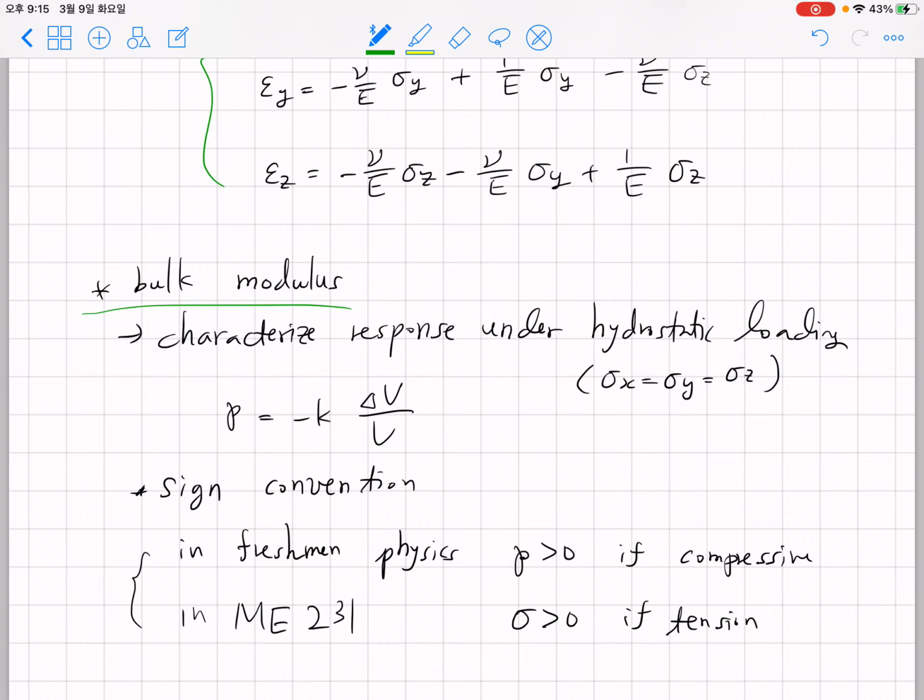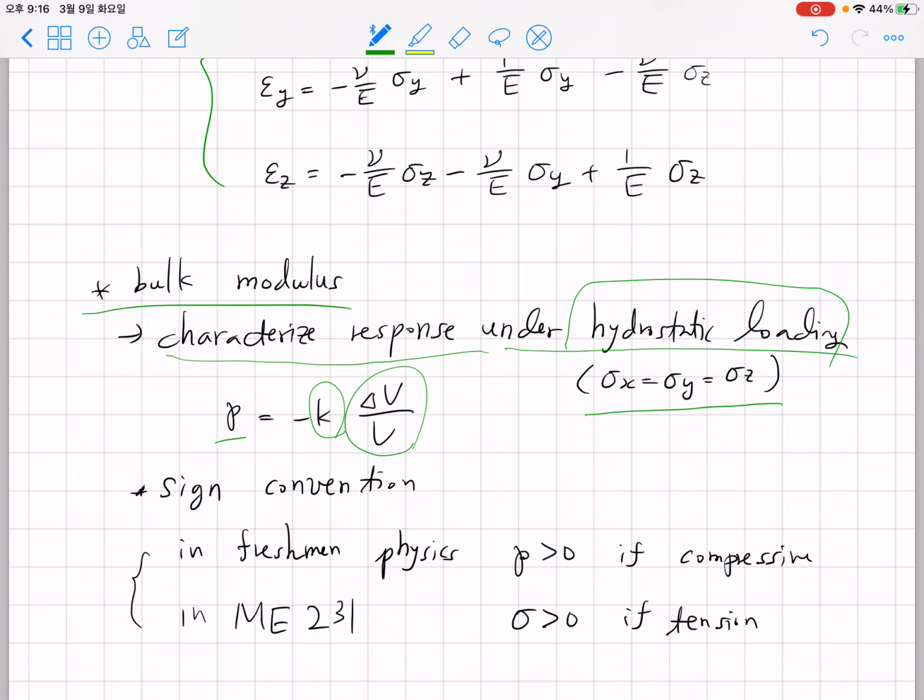Maybe some advanced high school physics books have the definition too, but anyway, bulk modulus mathematically characterizes the response under hydrostatic loading. And what I mean by hydrostatic loading is when sigma x, sigma y, and sigma z are equal to each other.